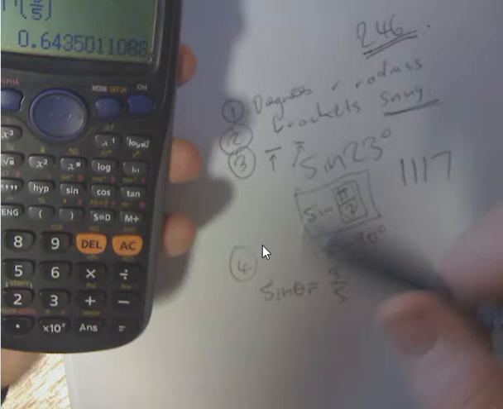So I'm going -5 plus square root 3 squared minus 4 times 1 times 2 all over 2 times 5.